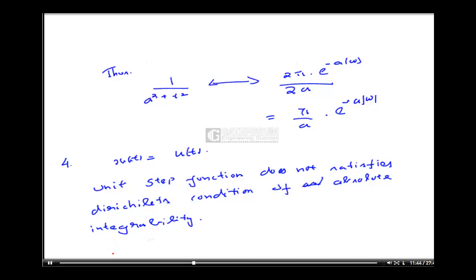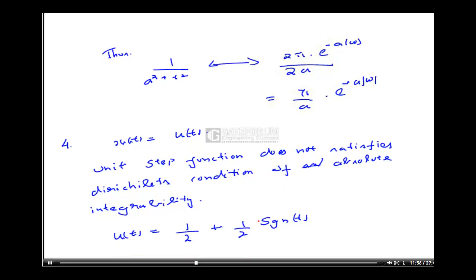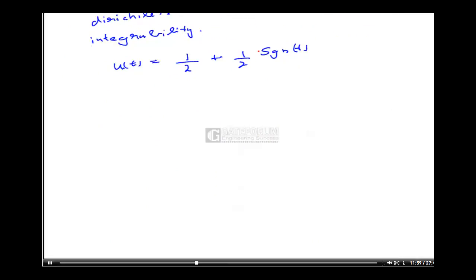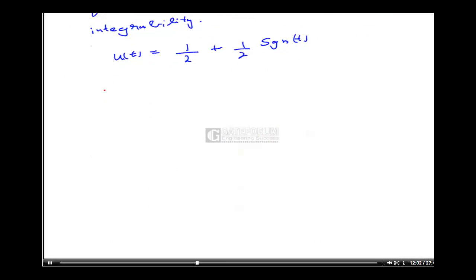See how. u(t) can be written in terms of the signum function as 1/2 plus 1/2 signum t. Once u(t) can be written like this, I know for 1/2 the Fourier transform is pi delta omega. Signum t has Fourier transform 2 by j omega.